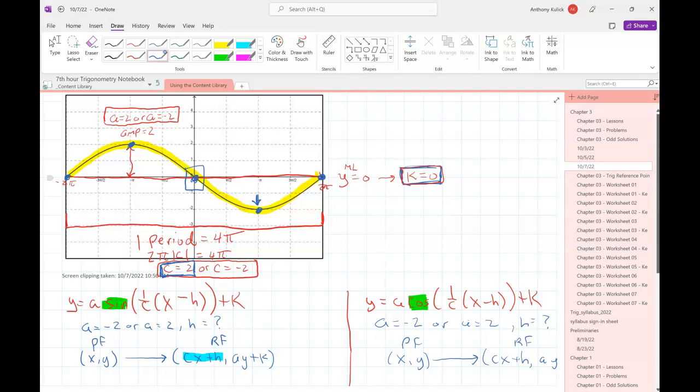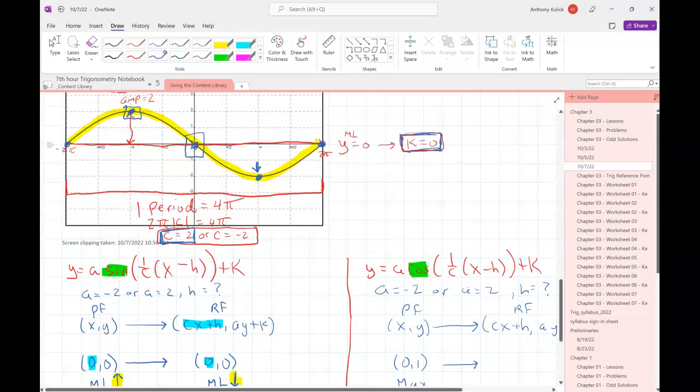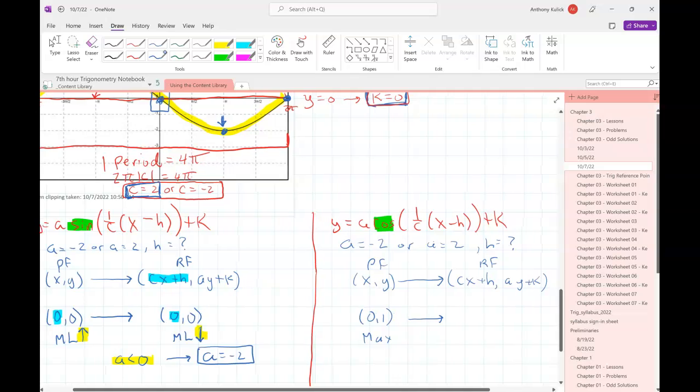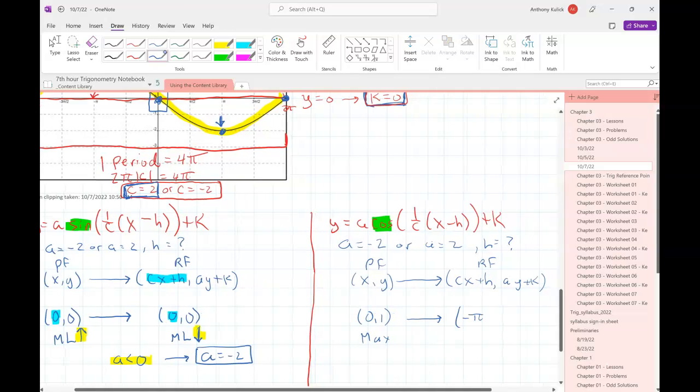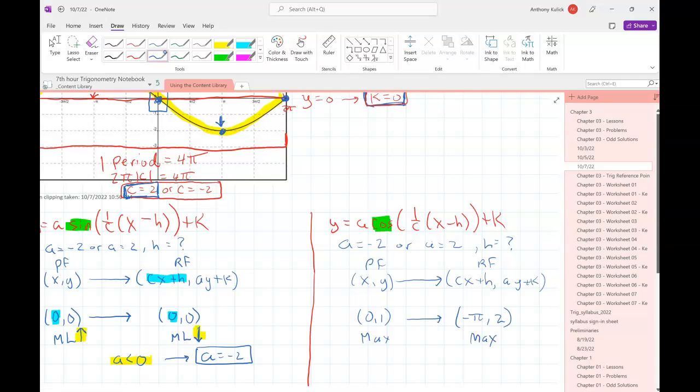Doesn't matter which one you pick. Anybody have a preference? I don't know, let's just pick the first one. Sound good to you guys? And I'm going to note that that was also a maximum.